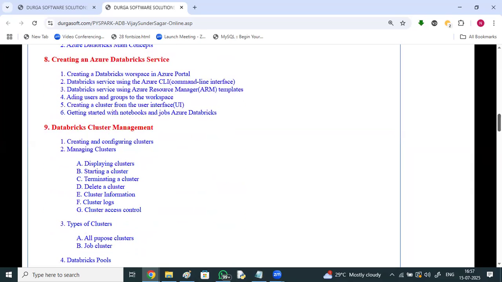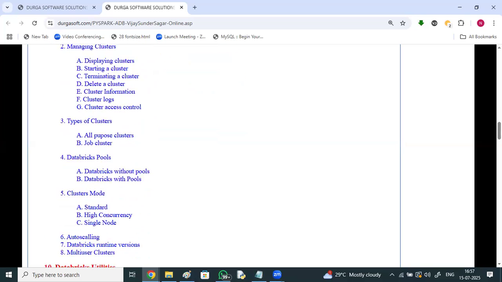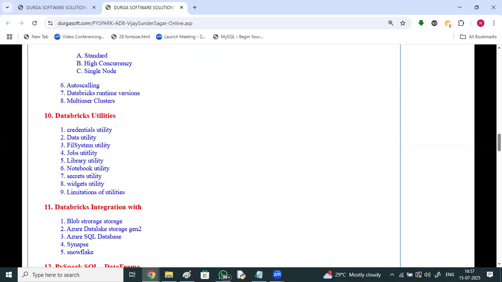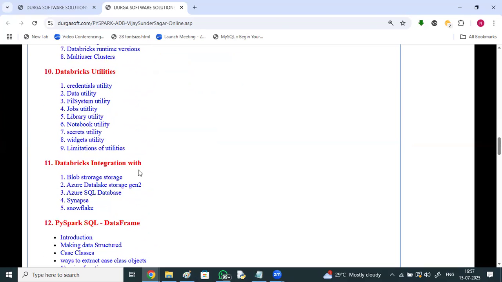And coming to Azure Databricks: creating a Databricks workspace, the Databricks service using Azure Resource Manager, and managing clusters, displaying clusters, starting, terminating, deleting clusters, cluster information, cluster logs, types of clusters, all-purpose cluster, job cluster, Databricks pools, Databricks utilities, different types of utilities, Databricks integration with Azure Data Lake, Azure SQL, Azure Synapse, Azure Blob Storage, and the PySpark data frame.